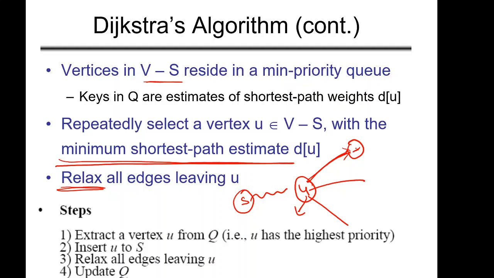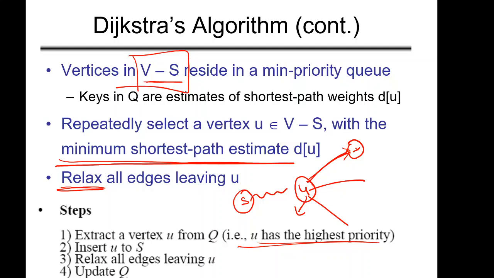So what are the steps? In short, we will extract a vertex u from Q. What is Q? Q is actually this set V minus S, which are not yet discovered, all the vertices whose shortest path weight is not yet defined. They are just estimated sort of thing, right? Or we can say that u has the highest priority. It has the minimum shortest path estimate. Then we will insert u into our set S. What is set S?